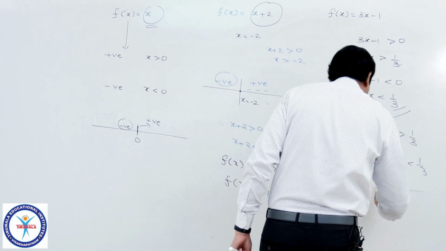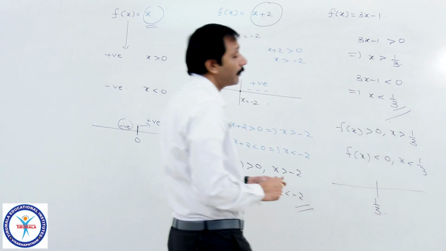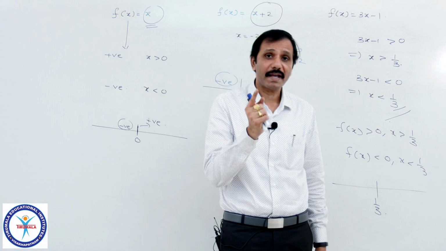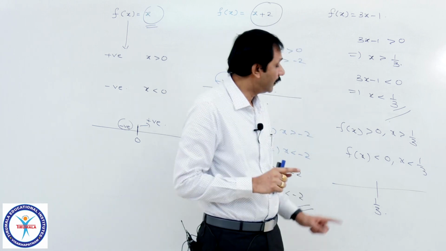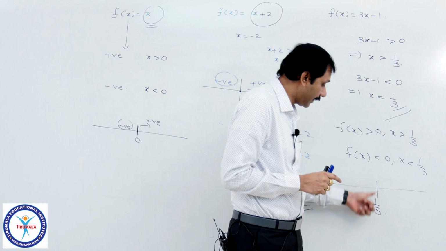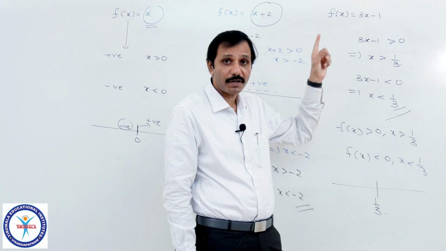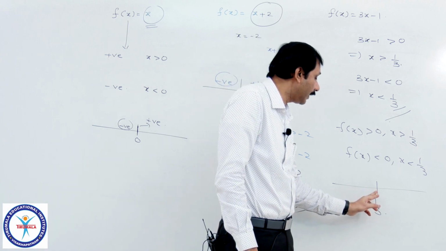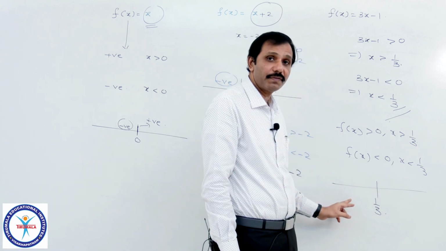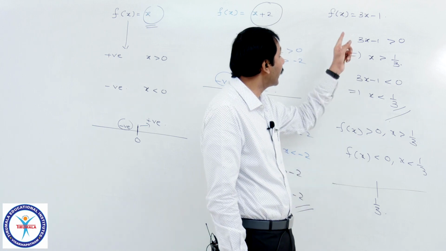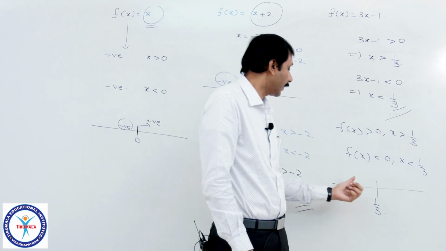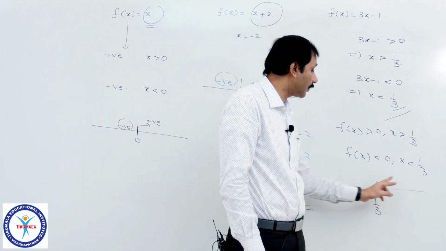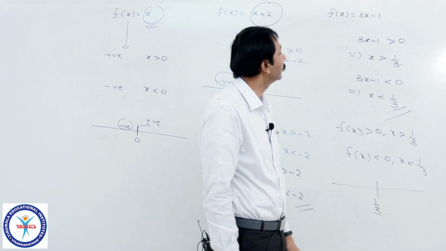If I take a real line, what do I get? 1 by 3 is the 0 of that polynomial. Sign may be positive or negative, because at x equal to 1 by 3 the value of the polynomial is 0, and on the right side and the next side, the sign of the polynomial will change. If it is negative it will become positive, and if it is positive it will become negative.